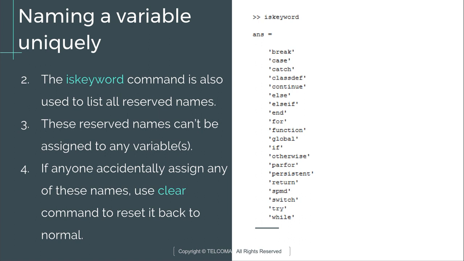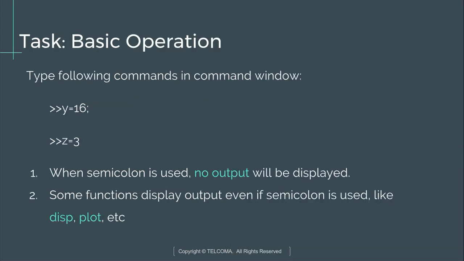When you write iskeyword in the command window, this will display all the reserved names, like break, case, catch, continue, else, elseif, and so on. These reserved names cannot be assigned to any variable. If you accidentally assign any of these names, use the clear command to reset it back to normal.